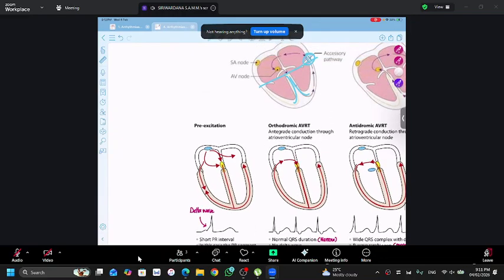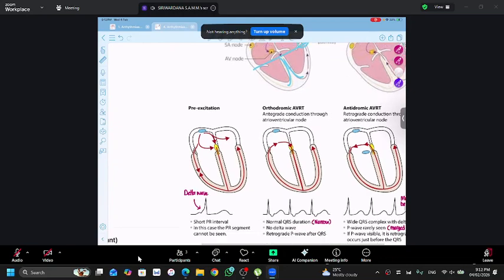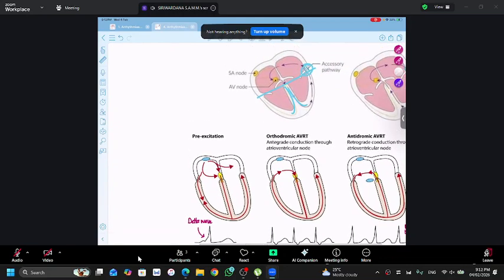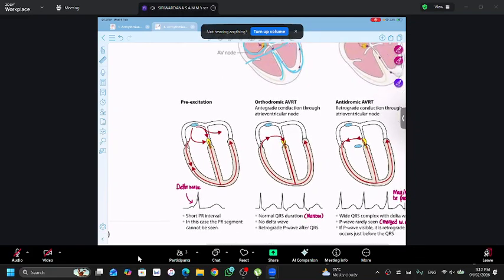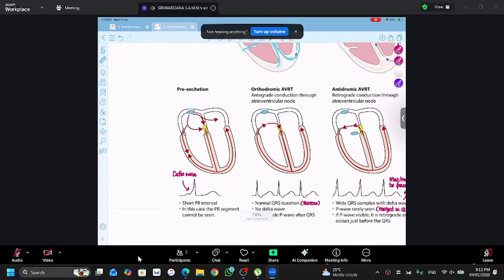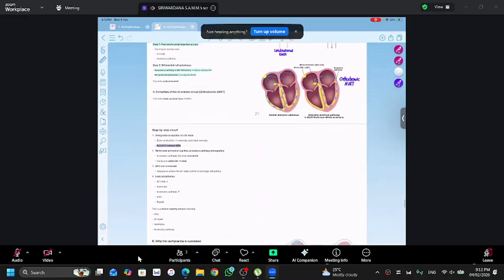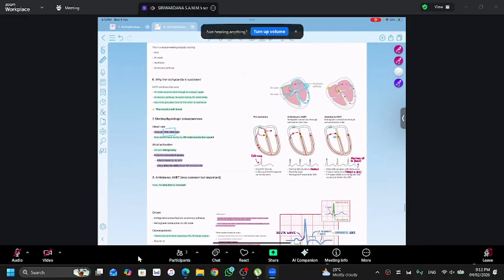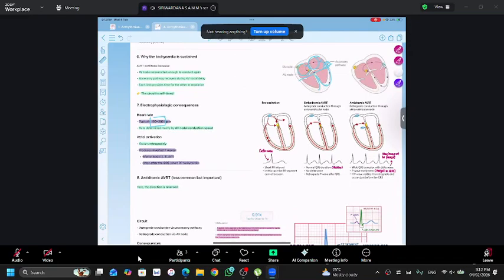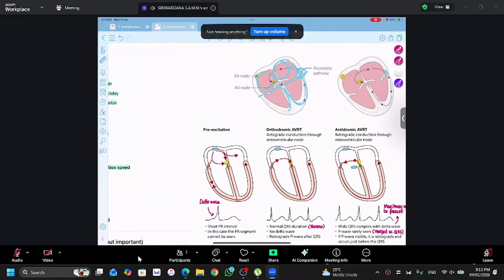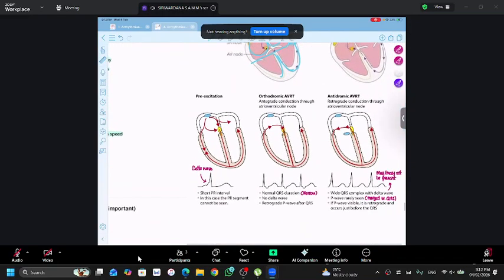Next, the P wave. After the impulse goes through like this, the atria get activated. So you will have a retrograde P wave. A retrograde P wave means an inverted P wave happening after the QRS complex.